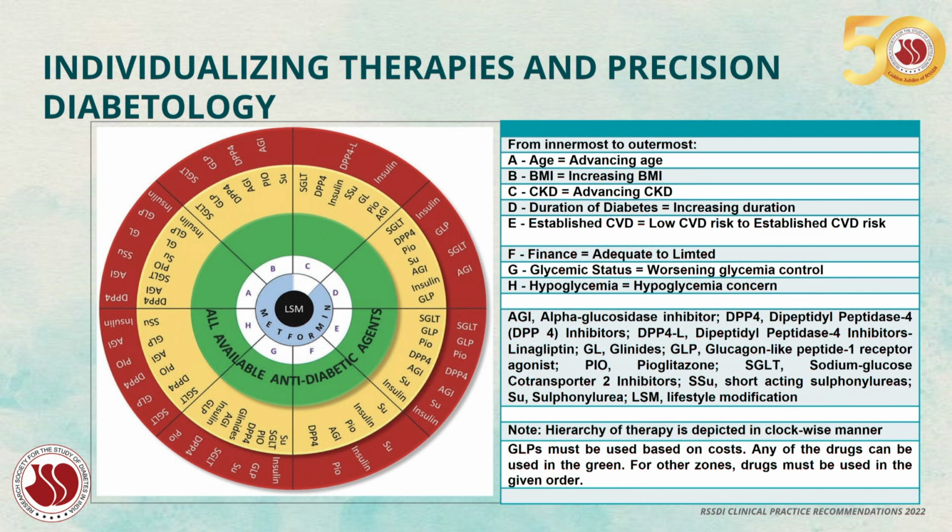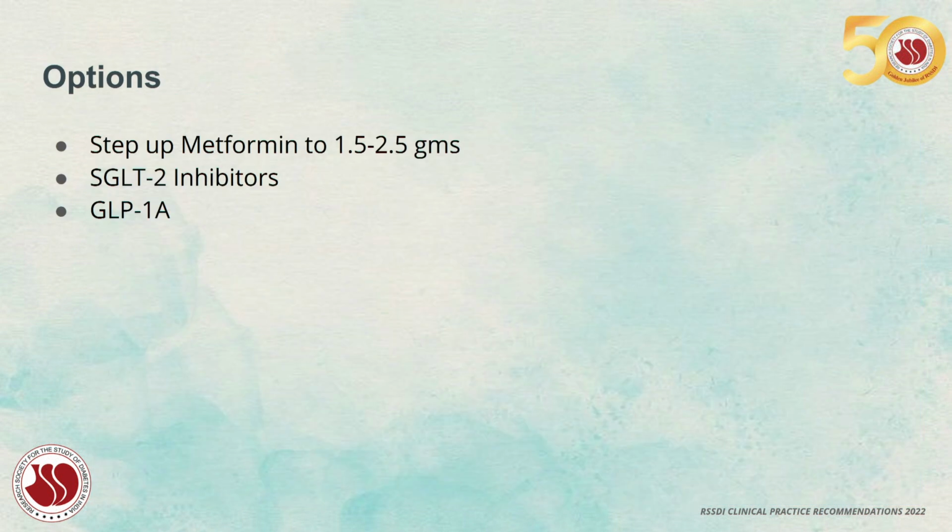Now, he doesn't want to take injectables, so first option becomes here SGLT2 inhibitors, and this is how you decide that this patient should be added SGLT2 inhibitors, and if that doesn't also work, you have to counsel him again, maybe give him GLP-1 receptor agonist.